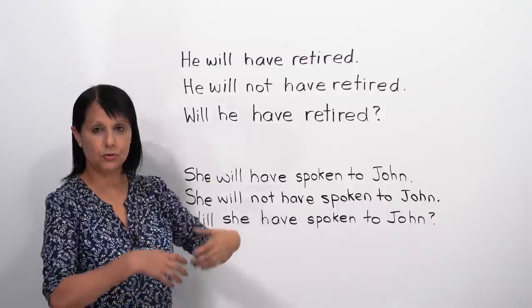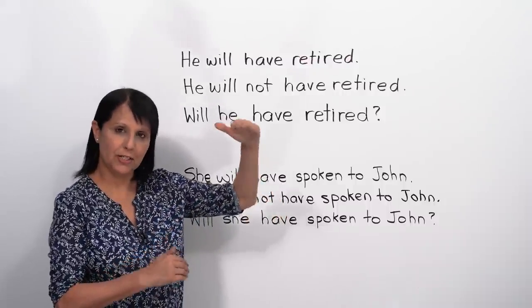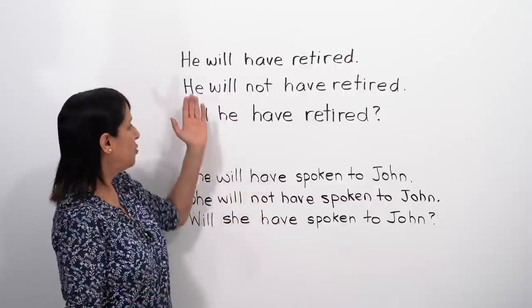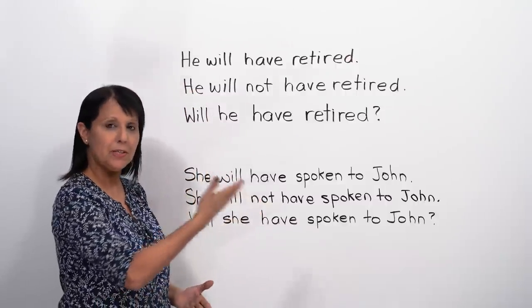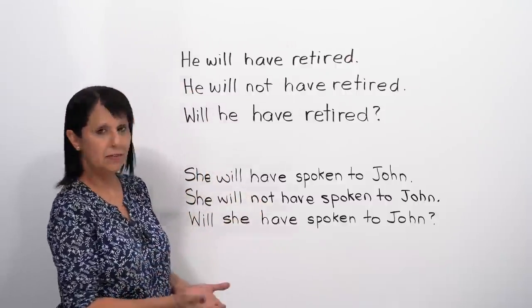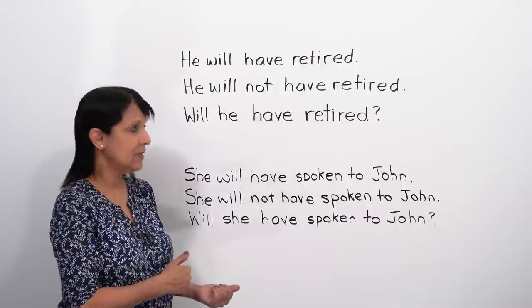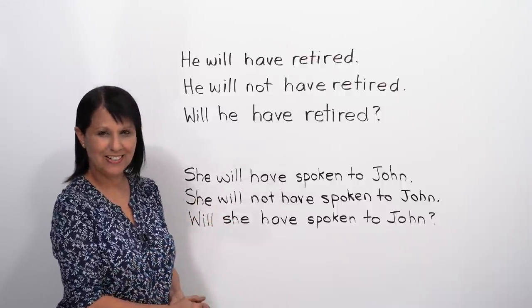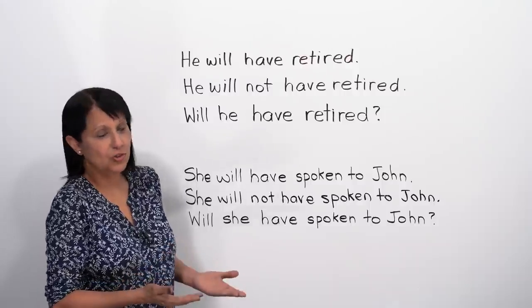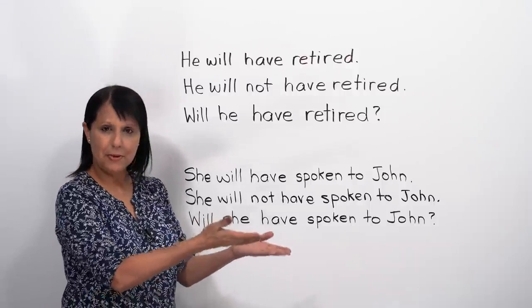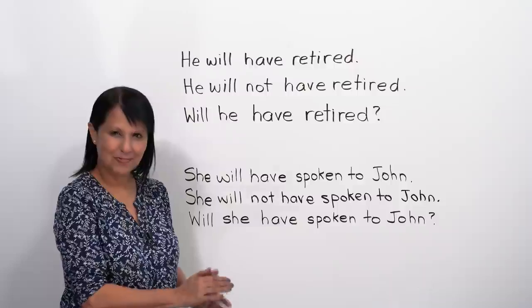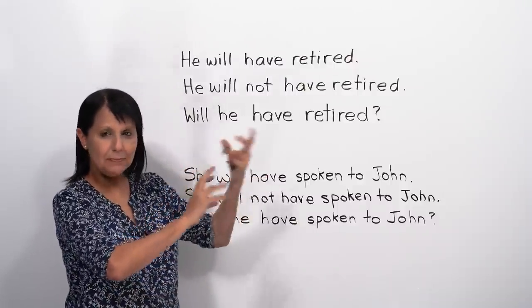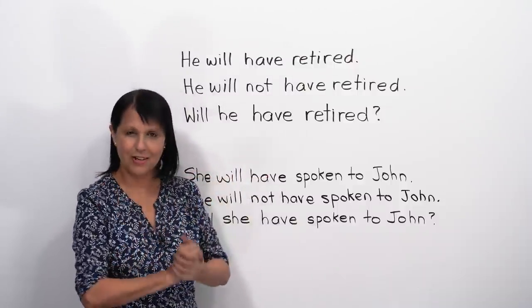To retire means to stop working because you reach a certain age. So we could say, by next year, he will have retired. Or, by next year, he will not have retired. Or we could ask a question. Will he have retired by next year? Okay? When you can move quickly between those sentences, you've got it.